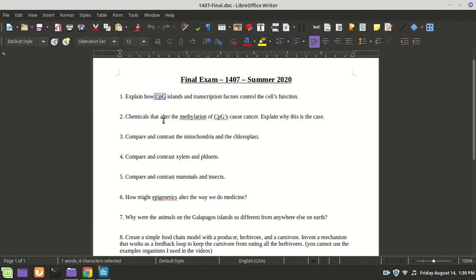Talk about how methylation does something here, but explain why, if you do alter this, it might cause cancer. So what is it about altering this, which is related to the question up here? You can refer to it just like I said in number 1: the CpG islands do this, and when this is altered, it might cause cancer in this way. That's what I'm getting to.